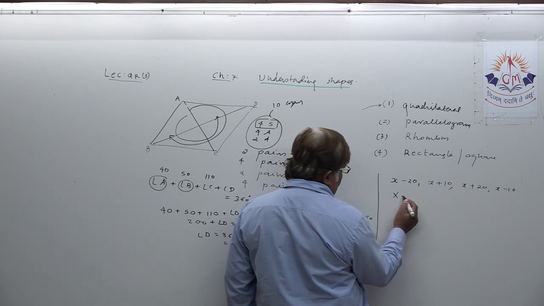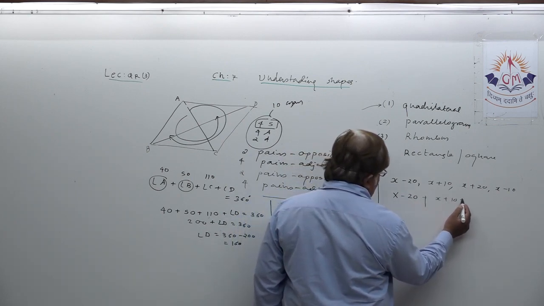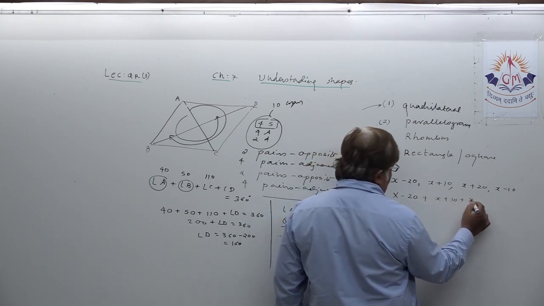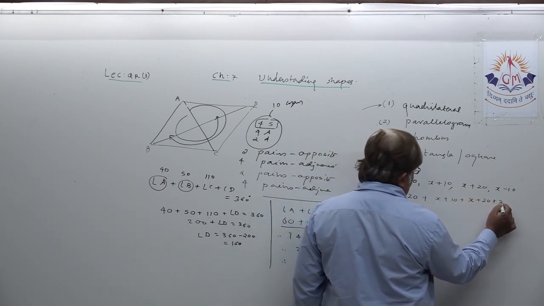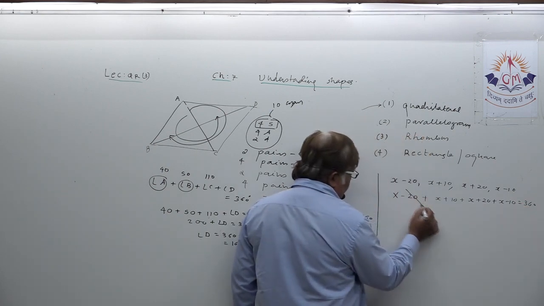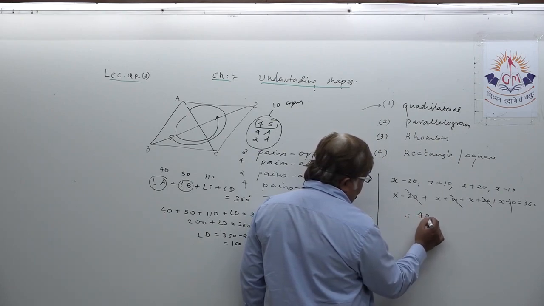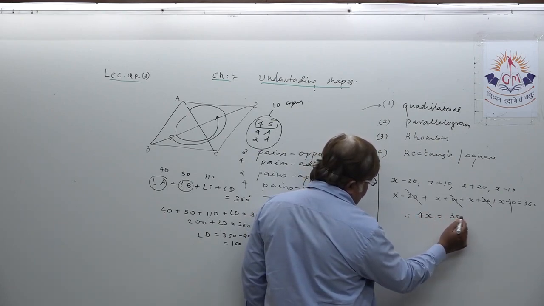A means x minus 20, x plus 10, x plus 20, x minus 10 equal to 360. Solve the like terms. 4 times x, this will be 4x equal to 360.